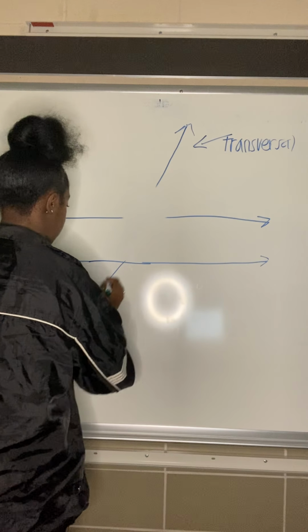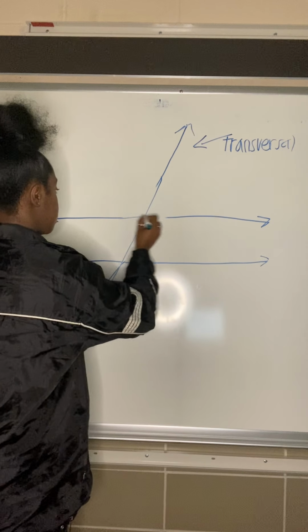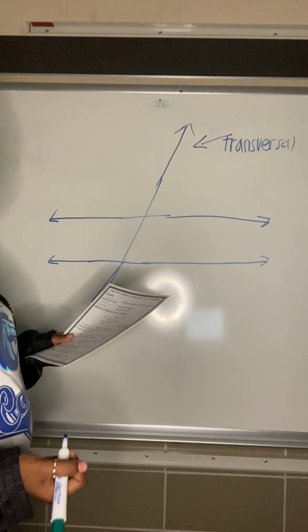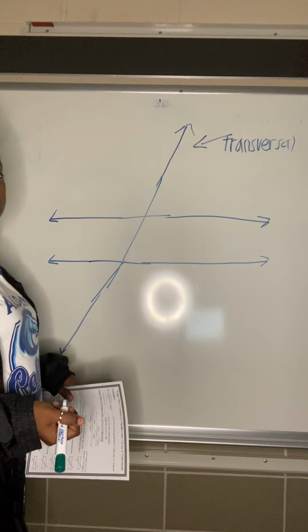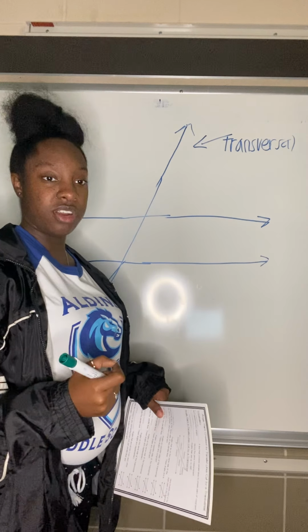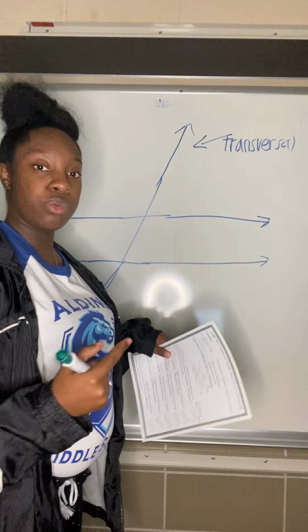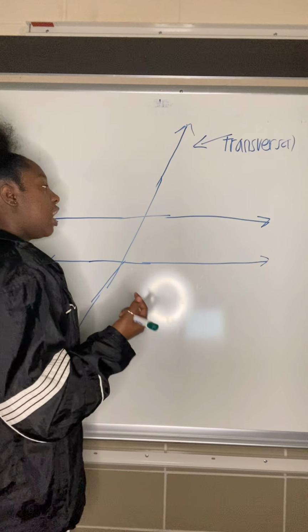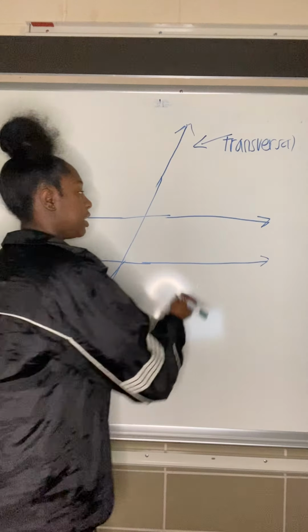So with corresponding angles, they are going to be congruent, okay? And what does congruent mean? Congruent means it has the same angle measure, meaning that they are equal to each other. So when it's a congruent angle, they're going to be equal to each other.